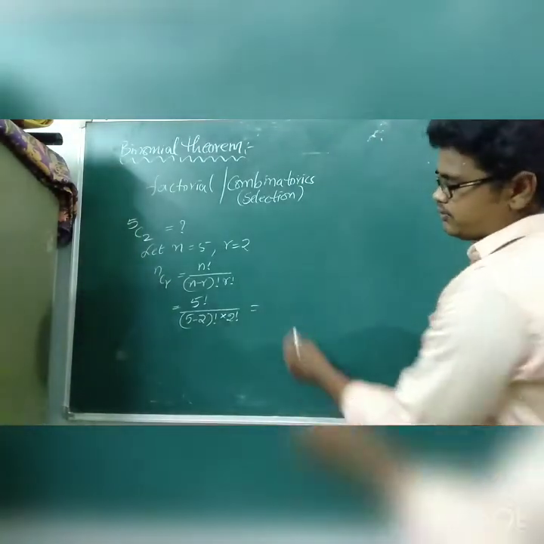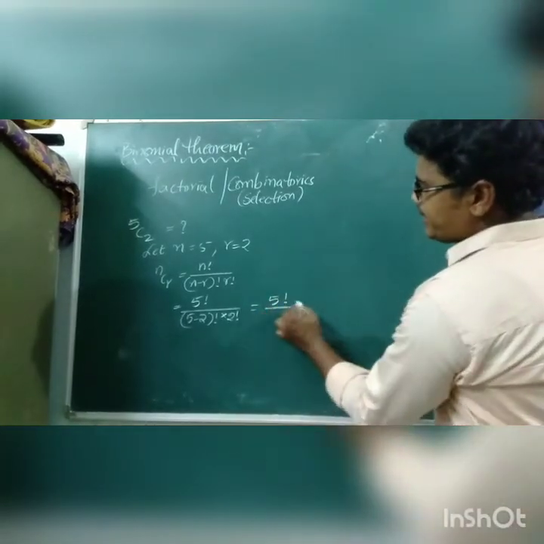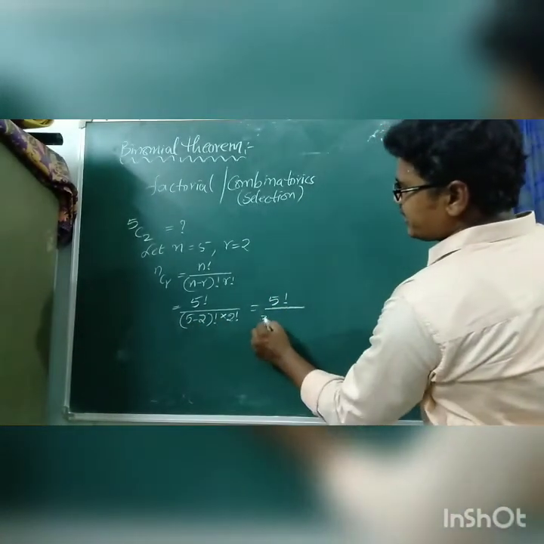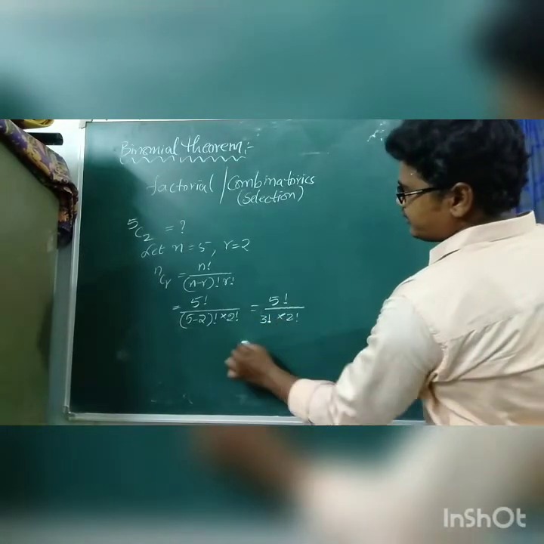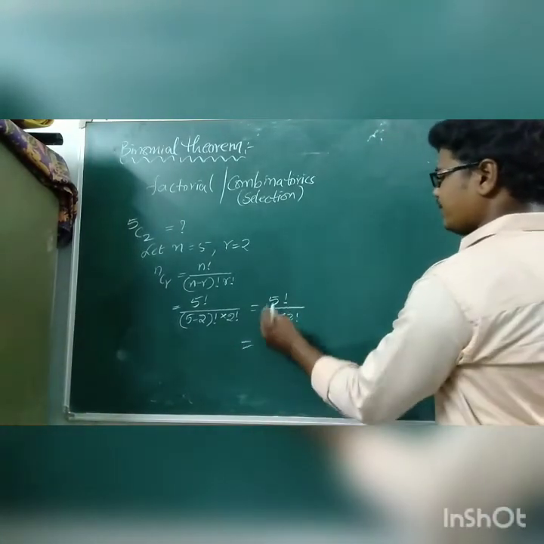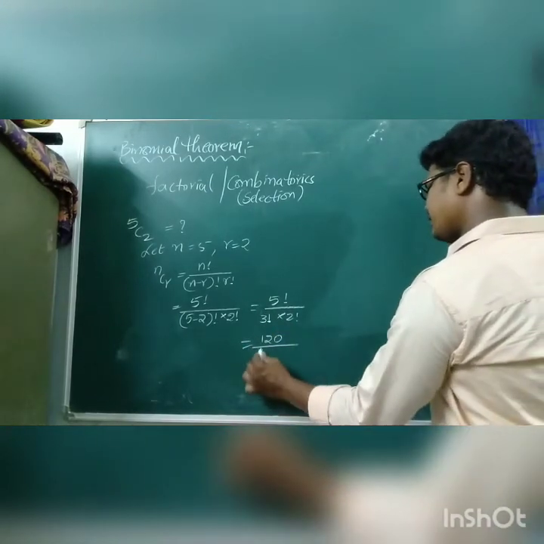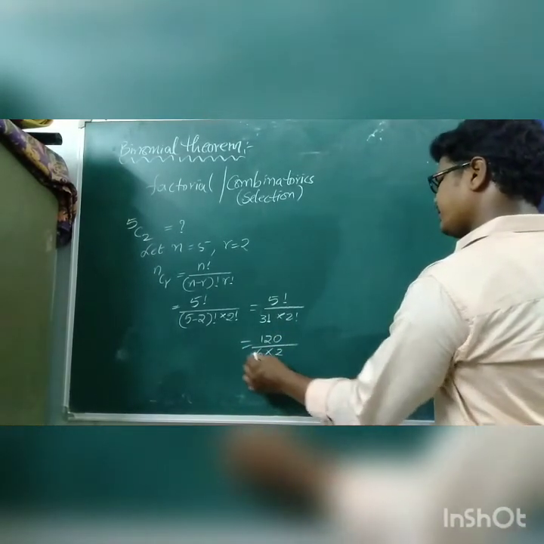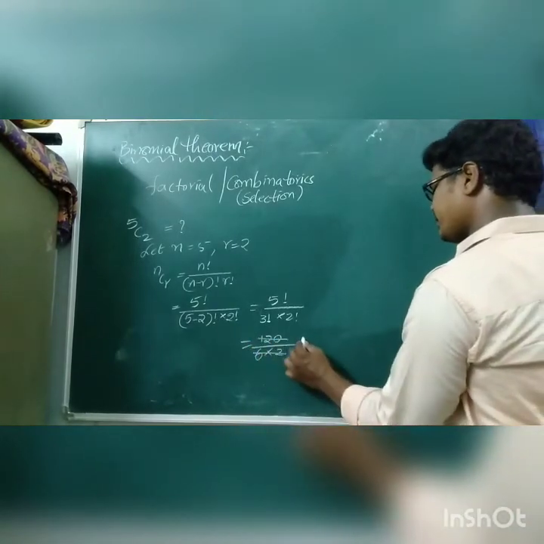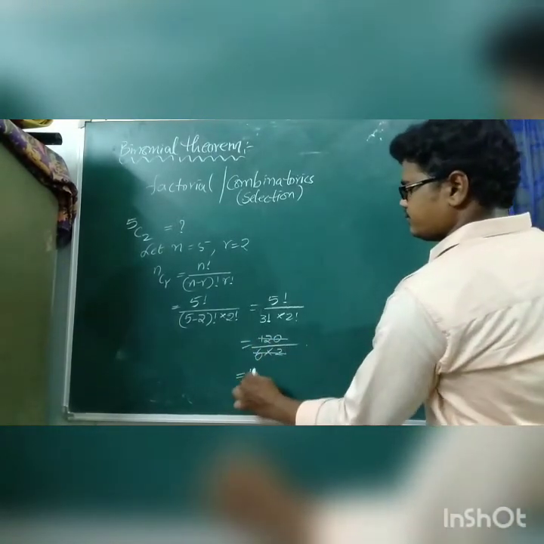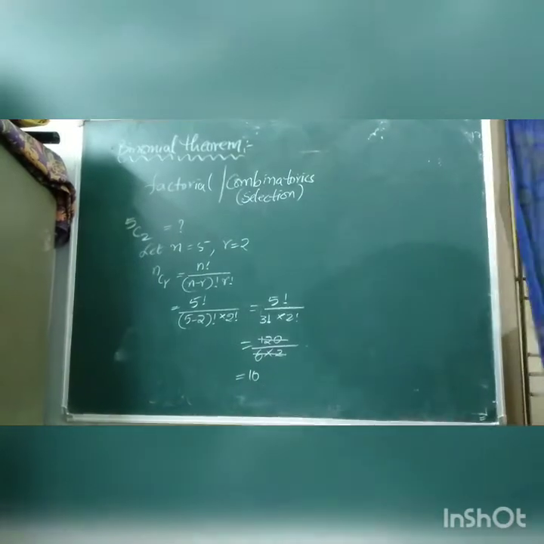Then 5 factorial by 3 factorial into 2 factorial. The value of 5 factorial is 120, the value of 3 factorial is 6, and 2 factorial is 2. 6 2s are 12. 120 by 12 is 10.